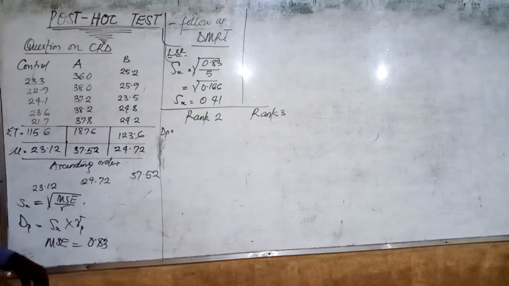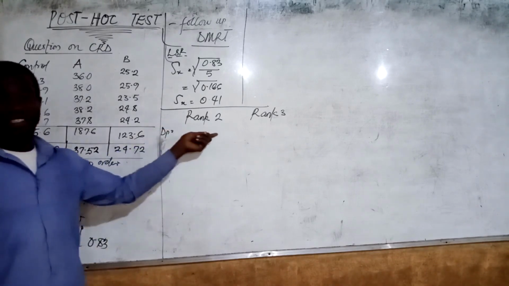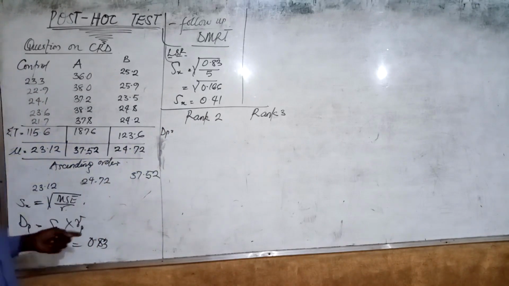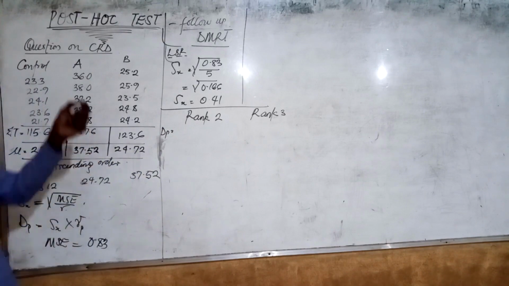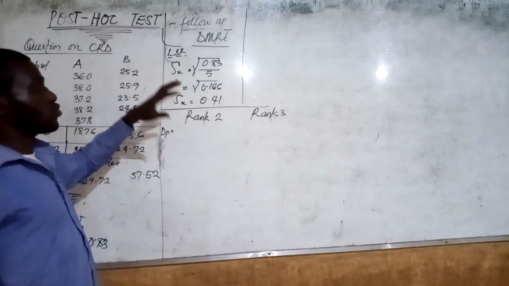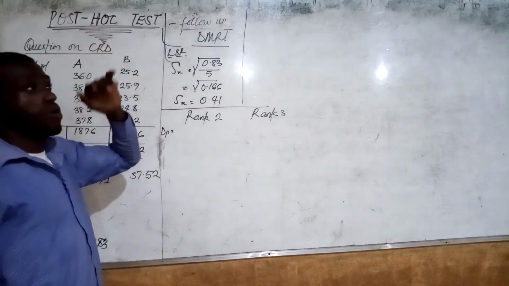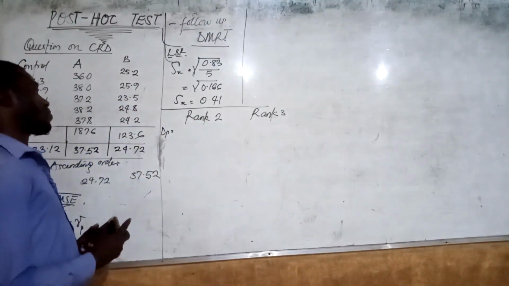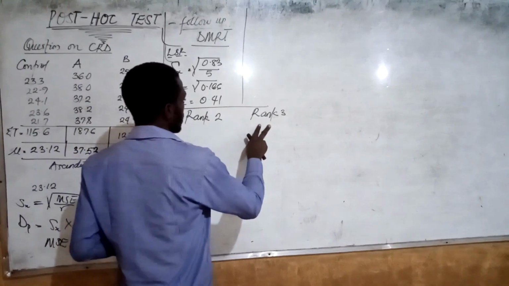I told you that we start the ranking from rank 2, because even in Duncan's table, you go to the Duncan's table to actually get your R value. Even on the Duncan's table, it starts from under 2, not under 1. So we rank from rank 2, rank 3, like that.